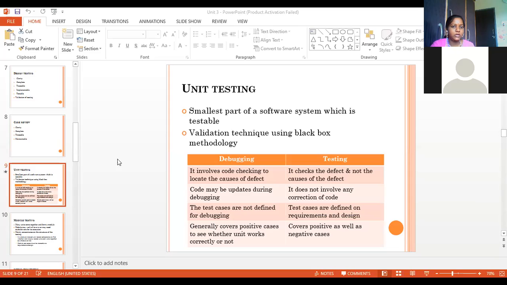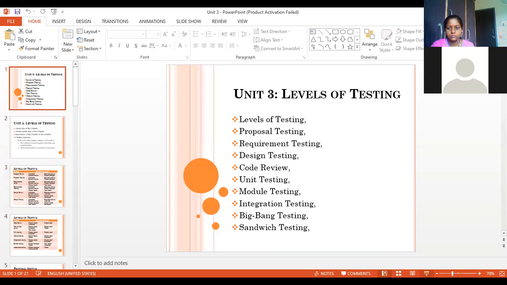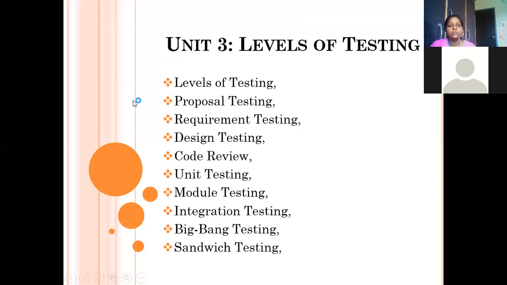So here we are done with the basics: the levels of testing, the agencies involved in these different levels, proposal testing and what is involved in it, then requirement testing, design testing, and code review.